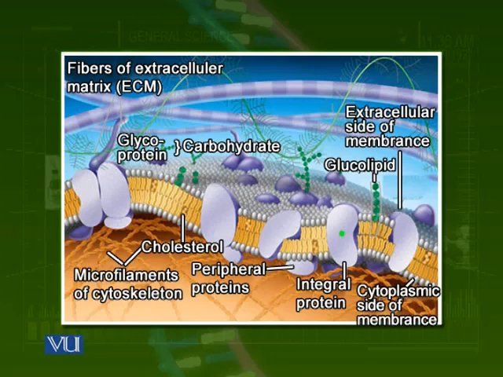Both are crossing the whole of the fluid bilayer, that is, the lipid bilayer. Then you can see a small protein down there towards the intracellular side, labeled as peripheral protein. Peripheral means present on the periphery. It is present towards the inside.